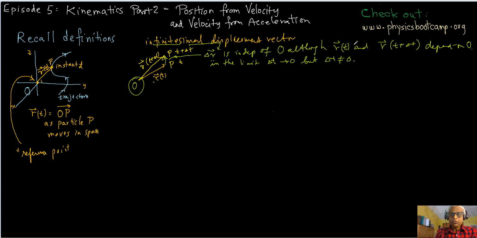So it leads to a couple of interesting things. We call this kind of thing dr, and we get a velocity at instant t. So this is not times t, but at t, it is dr dt.